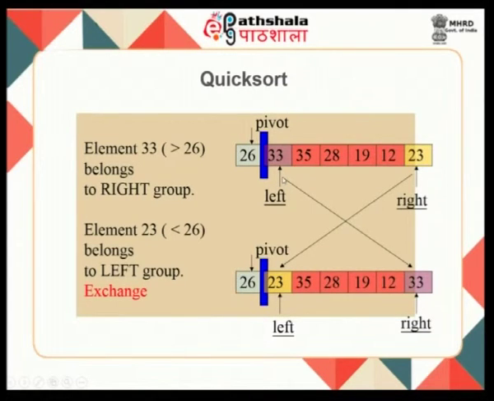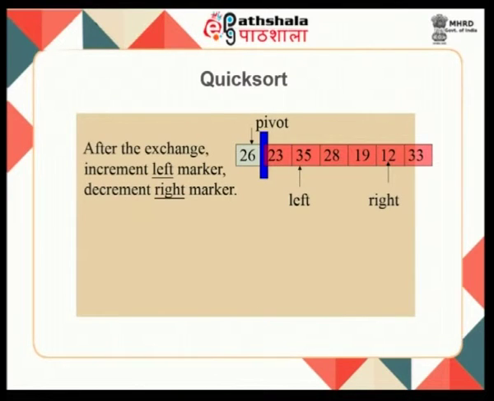So we encounter a situation where every element belongs to the other group. Therefore, we are carrying out the exchange. Now you can see very well this 23 comes here and this 33 goes to this particular side. After the exchange we are incrementing the left marker as well as decrementing the right marker.